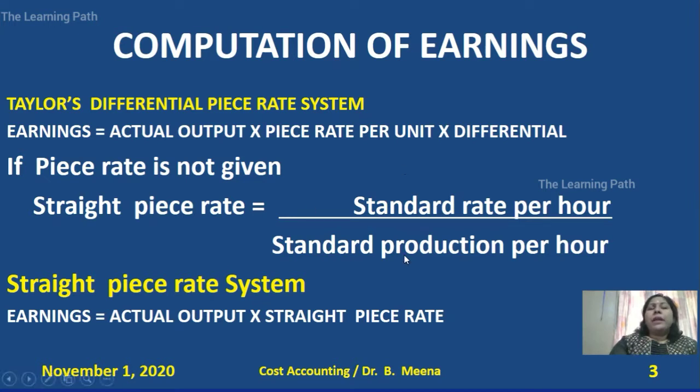And simultaneously, they will ask you to calculate the earnings under the straight piece rate system. To calculate the straight piece rate system earnings, you just consider the actual output of each and every worker, then multiply by the straight piece rate. So let me check one problem, how to work out the earnings under both the straight piece rate system and Taylor's differential piece rate system.